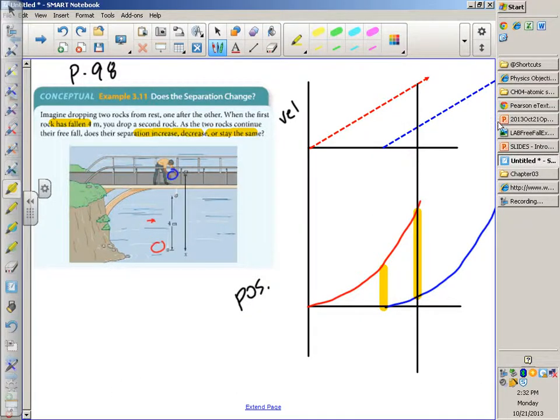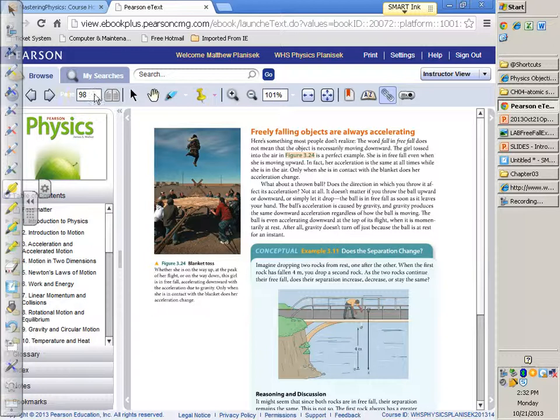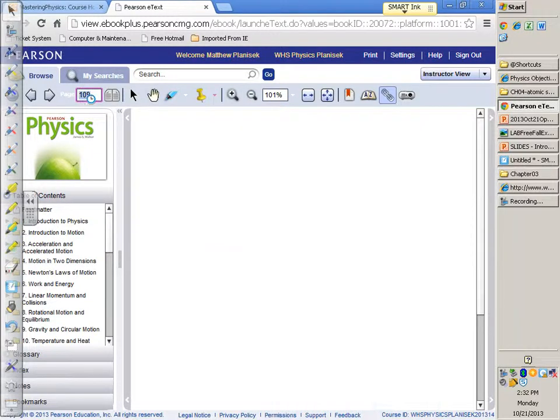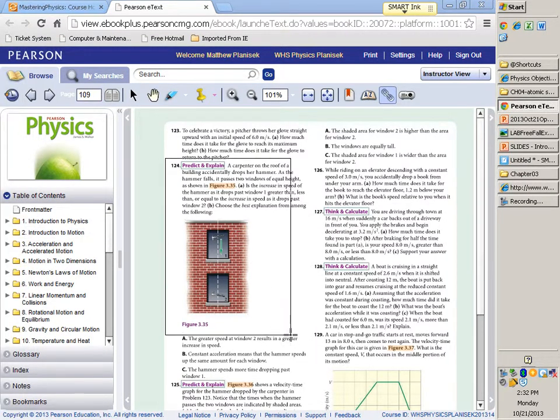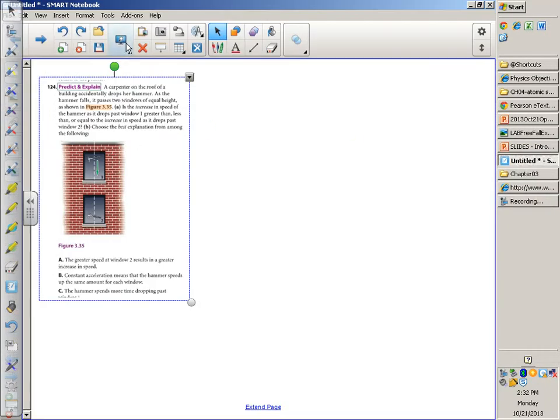All right. Next, let's go to page 109. And on page 109, let's look at question number 124.